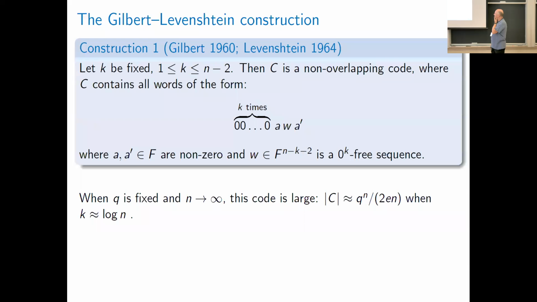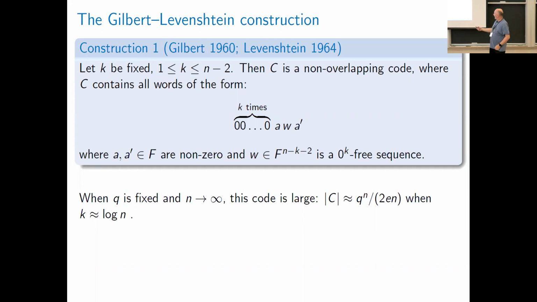So actually, this is remarkably large. The idea is that you can choose k to be what you want, and what you tend to do is let k be quite small, let's say about log of n. So you think there's a small number of zeros.